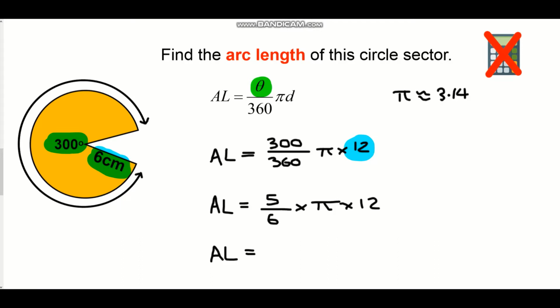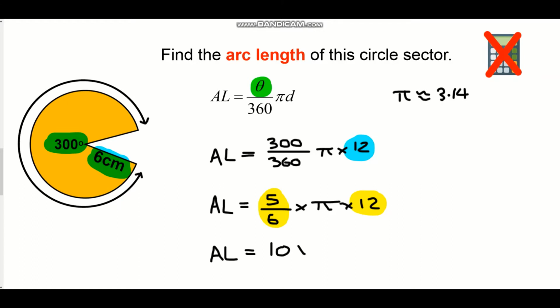Okay, I'm still not very happy about having to do 5/6 of pi, but if you know that things that are multiplied together can be multiplied together in any order, then this becomes a little bit easier, because what we can do is we can do 5/6 of 12. Now I know that 12 divided by 6 and then times by 5 is equal to 10.